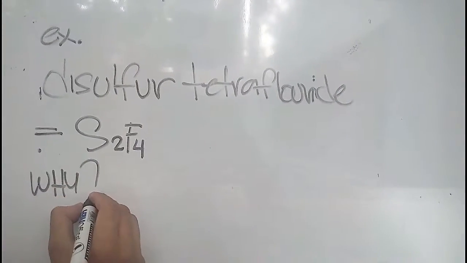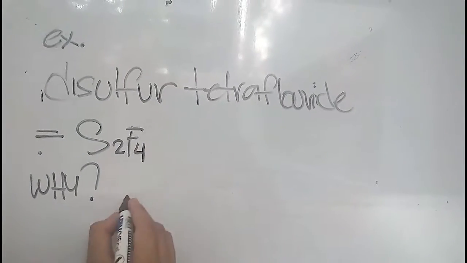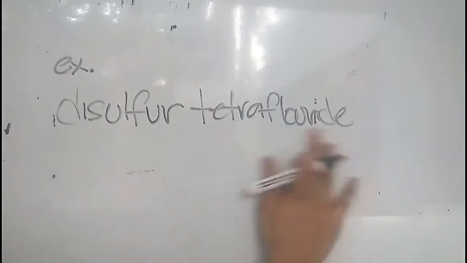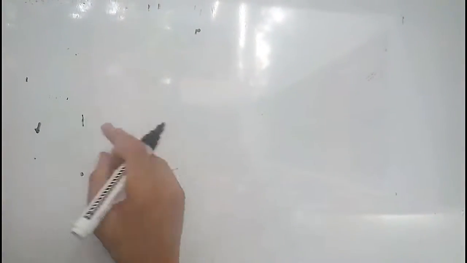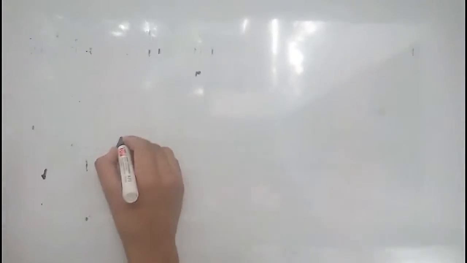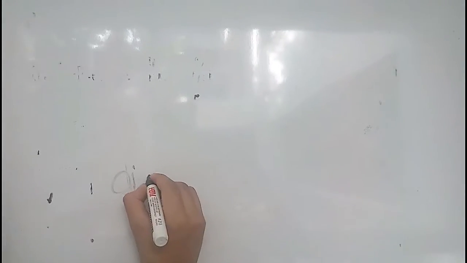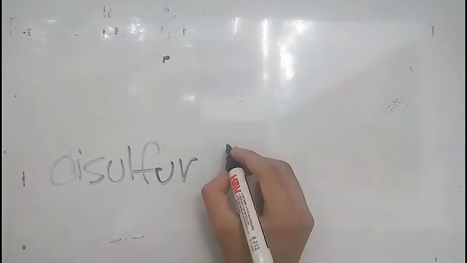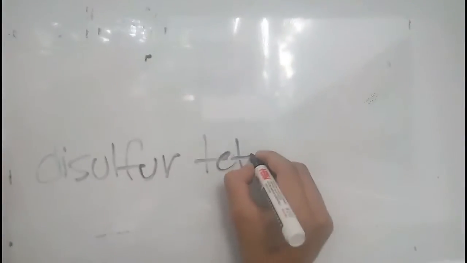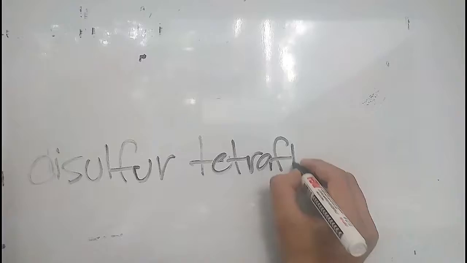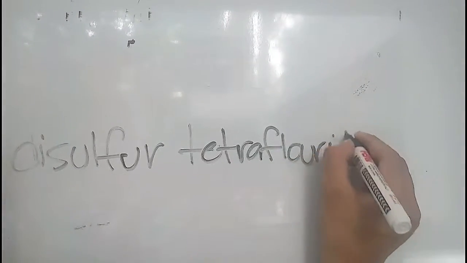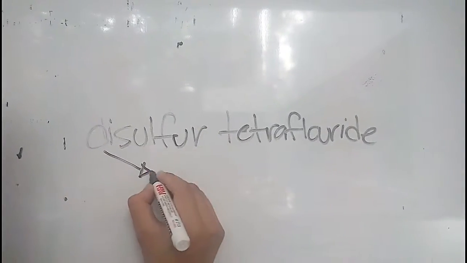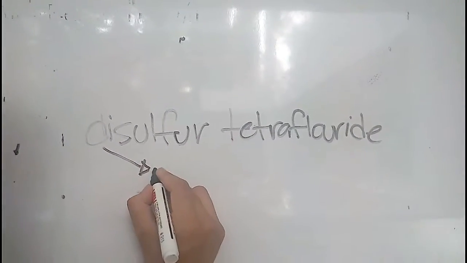For the first element, now you must remember there are prefixes that have meaning of how many atoms there are in an element or a compound. For example, disulfur, meaning there are 2 atoms of sulfur, while for tetrafluoride, there are 4 atoms of fluoride.